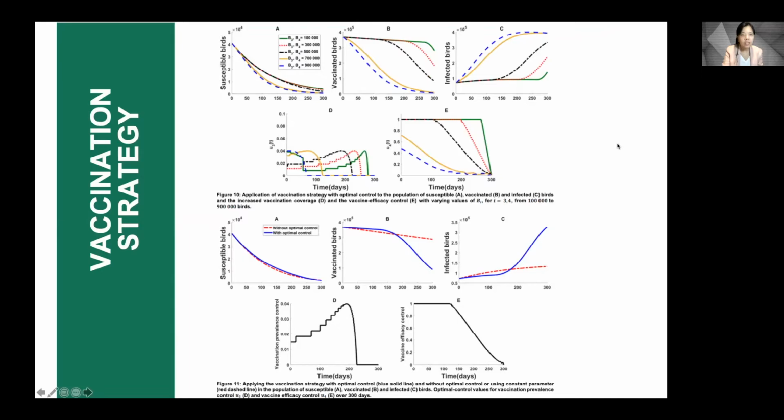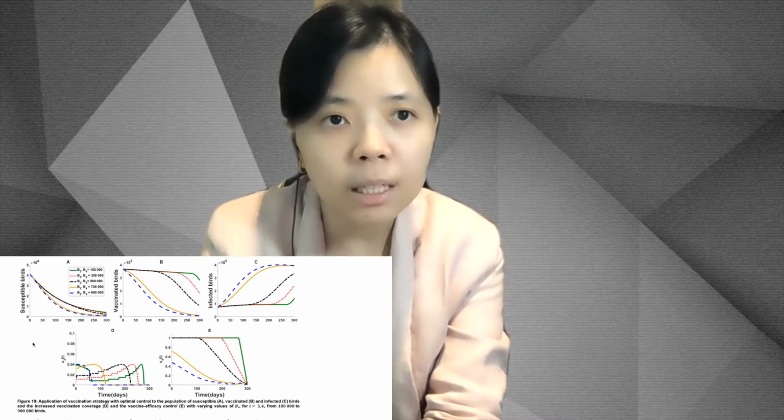Similarly, this can be applied to the vaccination strategy. And this is what we generated. U3 here is the one we have here. This is the vaccination prevalence control. So this is the function representing the vaccination prevalence control with respect to time. And this is the vaccination efficiency control, with respect to time. Then we do this simulation at varying levels of birds population, B3, B4.